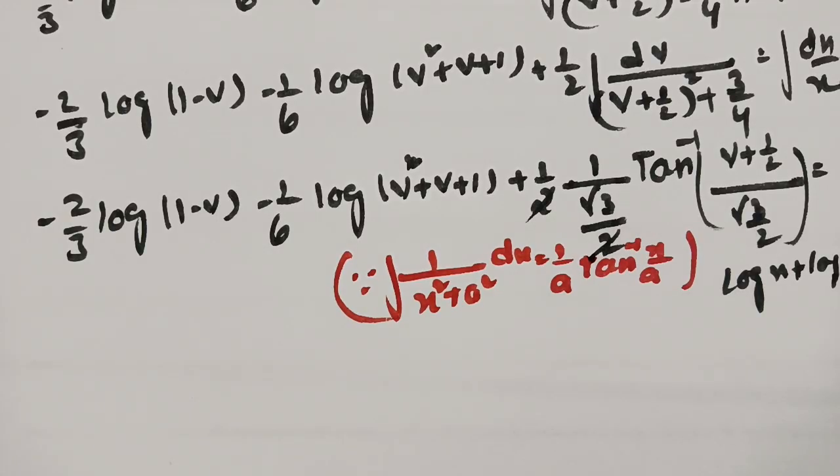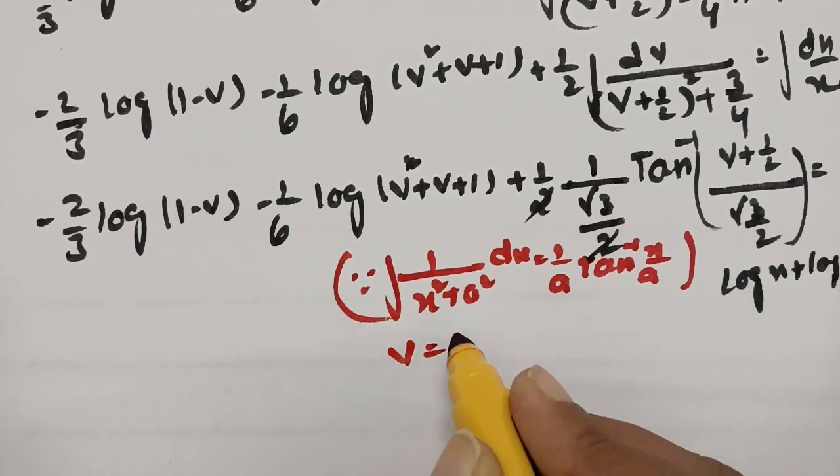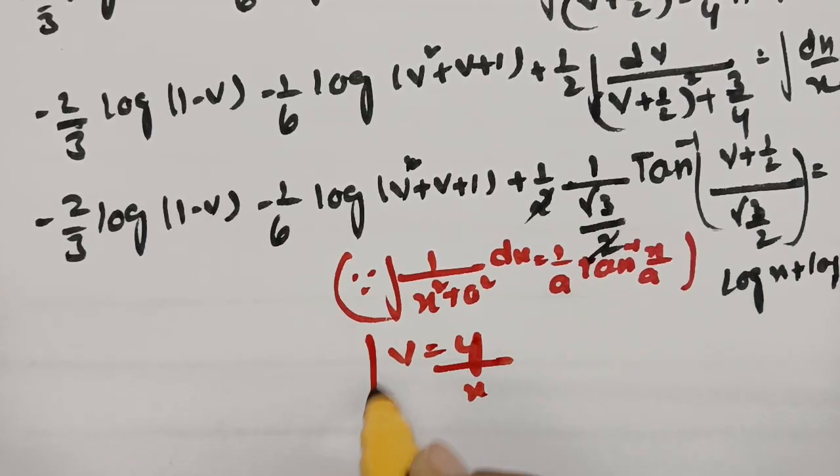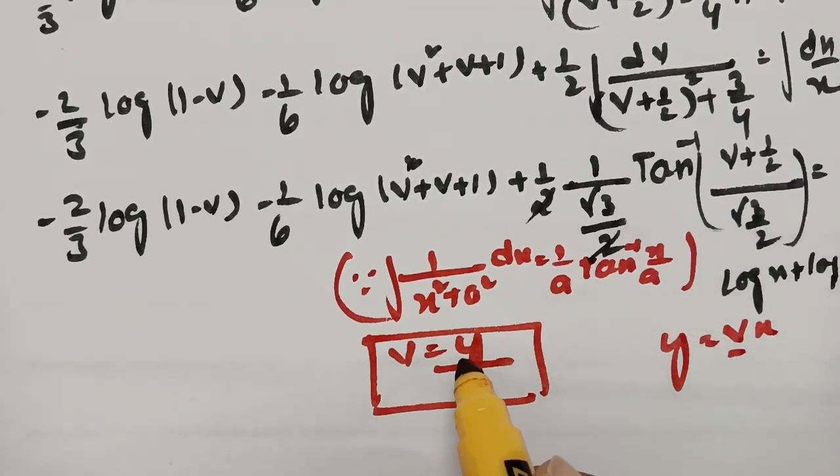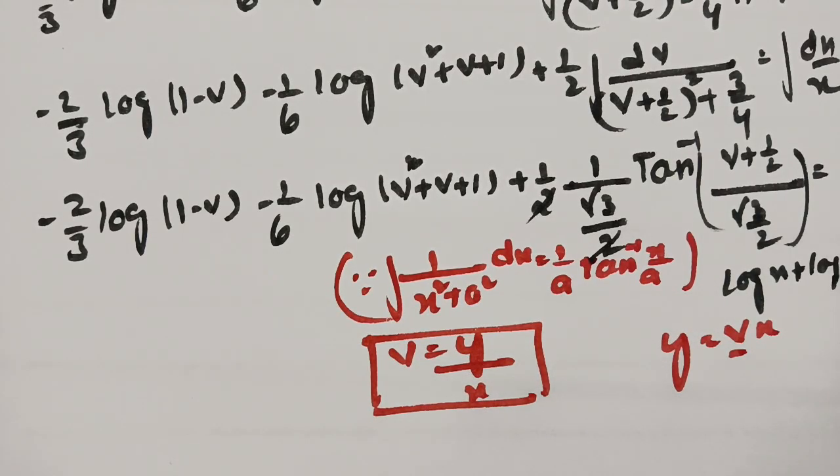and again I am going to substitute in place of v as y by x, as I have taken y value as vx, so v value is going to become y by x, and this is our final answer.